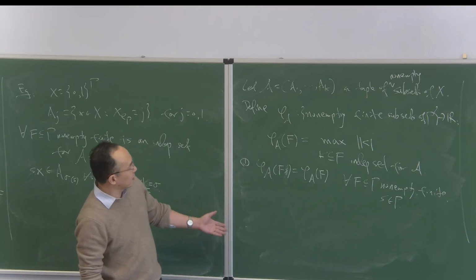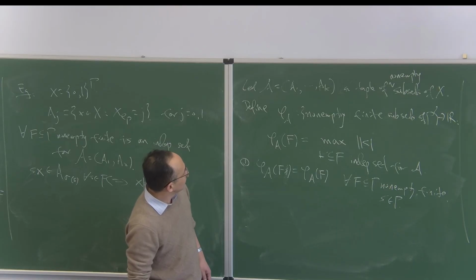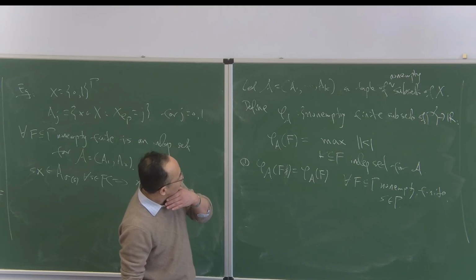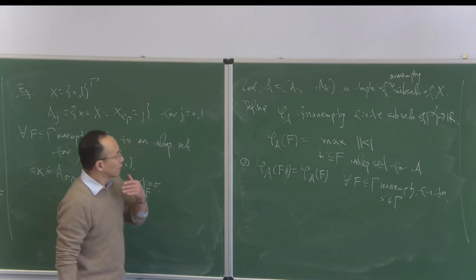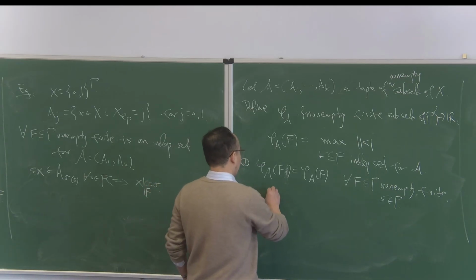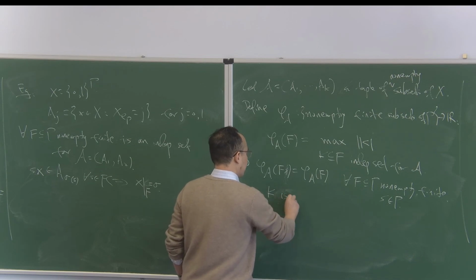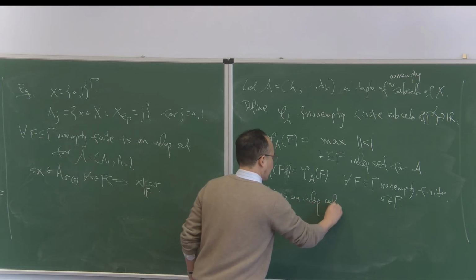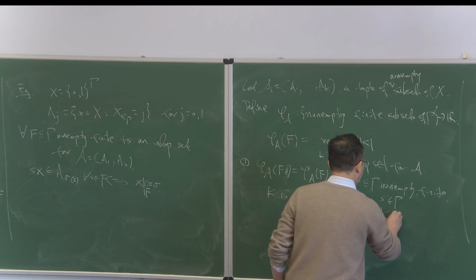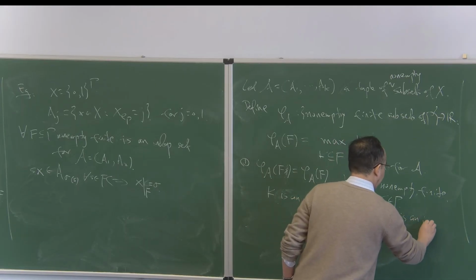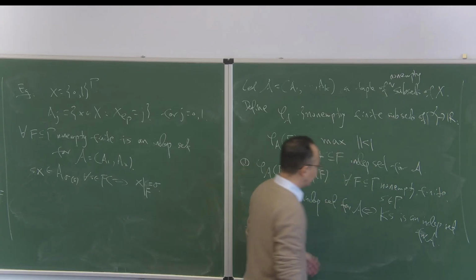The reason is simply that K is an independent set for A if and only if K times S is an independent set for A. That's something very easy to check.